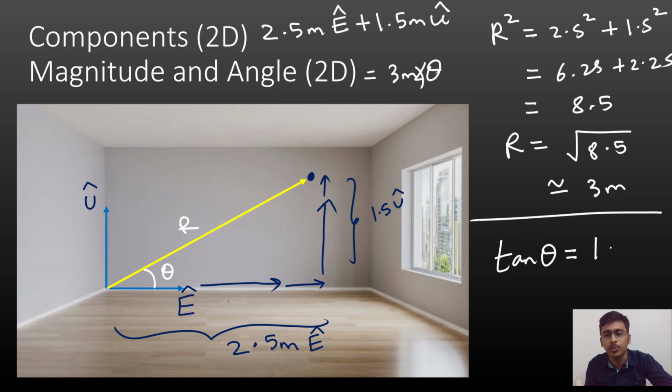So it's nothing but 1.5 by 2.5, which is 3 by 5. So tan theta is 3 by 5. This is how we find the trigonometric ratio, and once we understand what the trigonometric ratio is, we can easily find out what theta is. Okay.